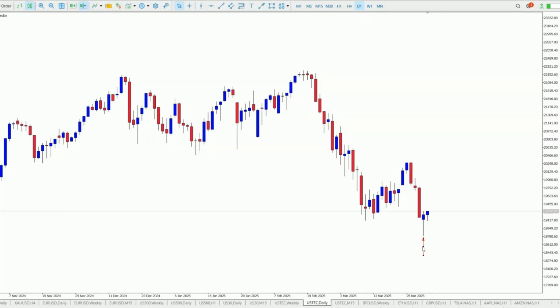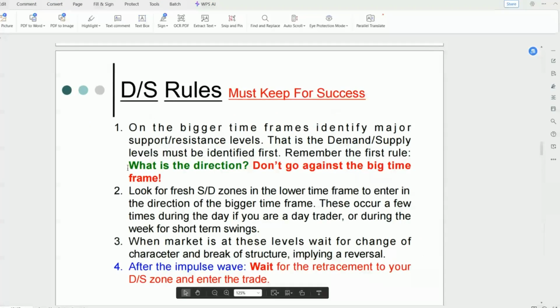All right, so this is doable. The main trend, as you can see here, is down, but because we're using swing days and swing hours, we can be a bit more flexible with that rule. If you had no timing, going against the bigger time frame direction would be risky.